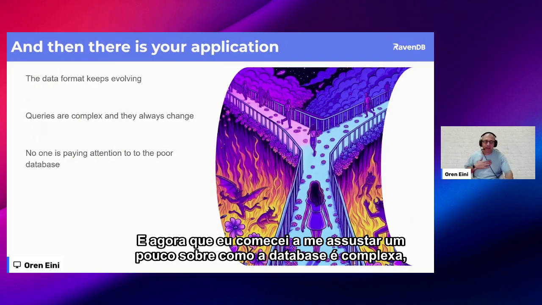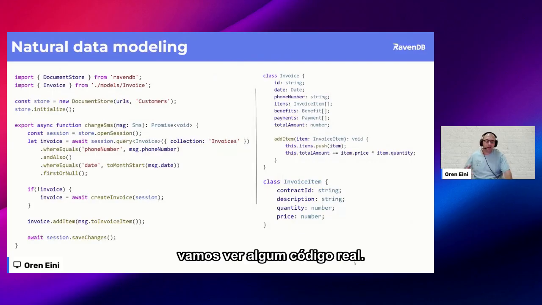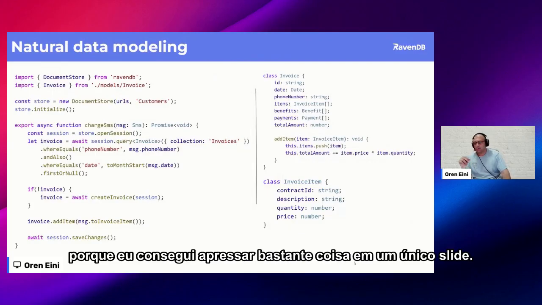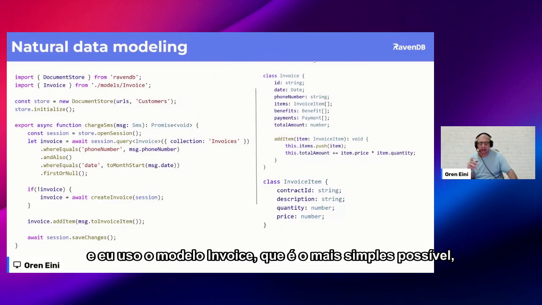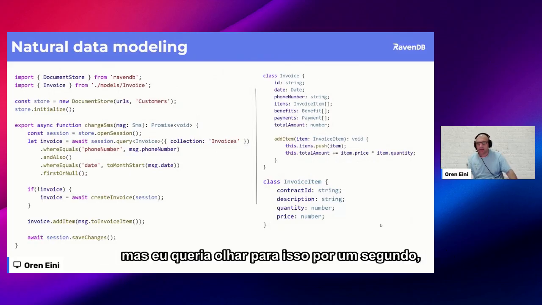And now that I set out to scare you a little bit about how complex databases are, let's see some actual code. This is really interesting because I was able to squeeze quite a lot of stuff into a single slide. In here, you can see my model. I use the invoice model, which is as simple as possible.